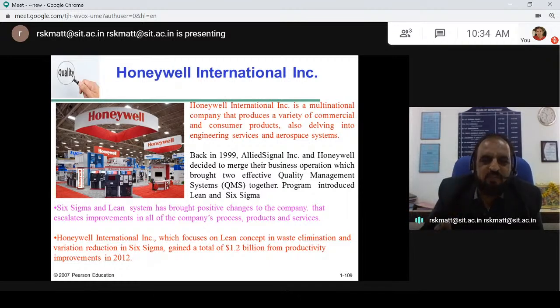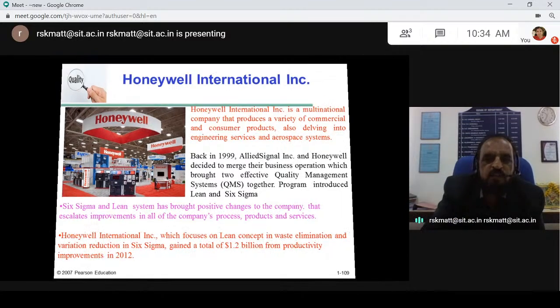Why only Six Sigma? Why should I not include lean concepts? Because lean and Six Sigma are the two legs of the supply chain. So there are huge benefits in implementing Six Sigma and lean practices in Honeywell. They raised their productivity to greater heights.